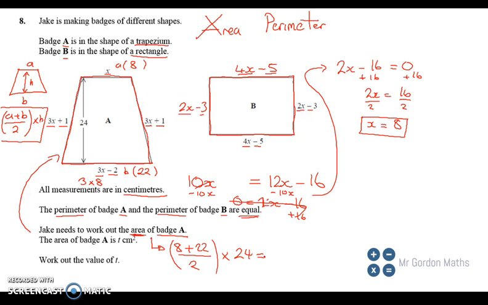And I'm hoping that when you do that, you will get the correct answer. Let me just type that into my calculator. The area is going to be 360 centimetres squared. Okay? So just double check that on the calculator, make sure that works out, and that's how you do that one.